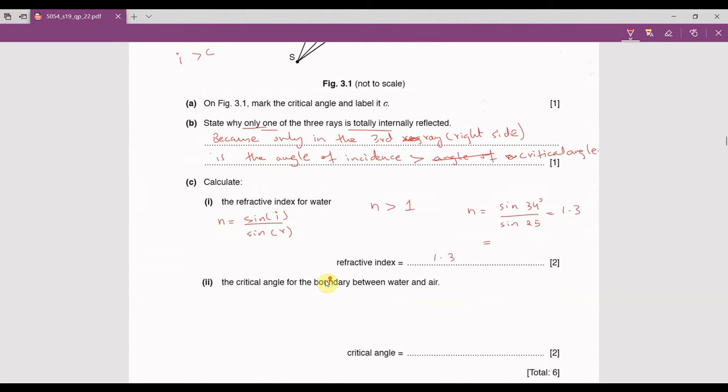The critical angle, so the formula for critical angle is pretty simple. Sine c is equal to 1 over n, and I have already calculated n. So what I'm going to do is c equals sine inverse of 1 over 1.3, and that should give me an answer.